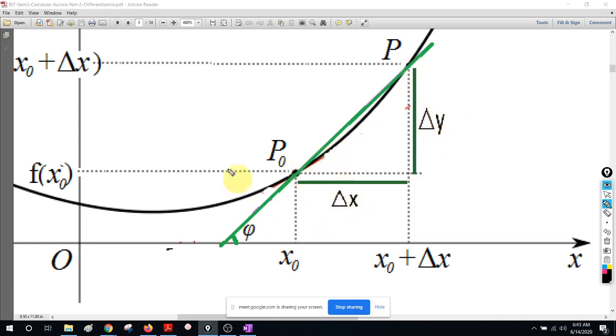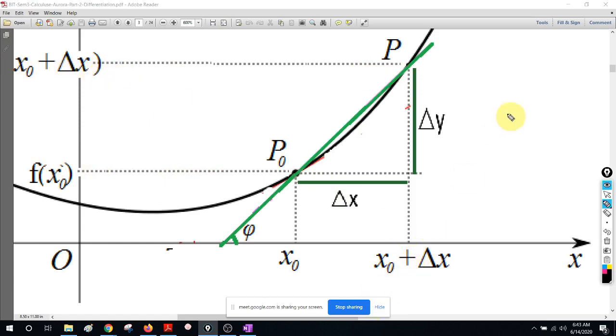Okay. So if this function is f(x), we know that at x naught this height is f(x naught). Now this is x naught plus delta x, where delta x is an infinitesimally small value. Therefore this height is f(x naught plus delta x), because the function is f(x).